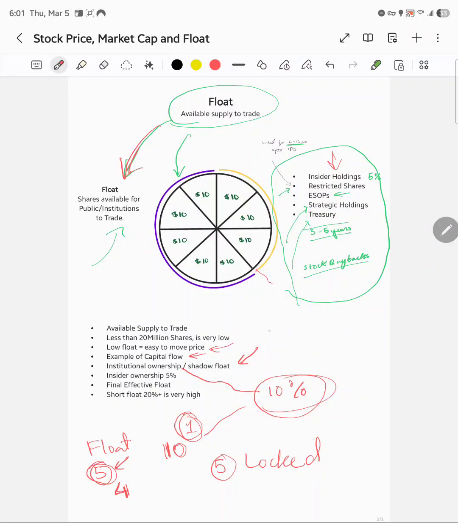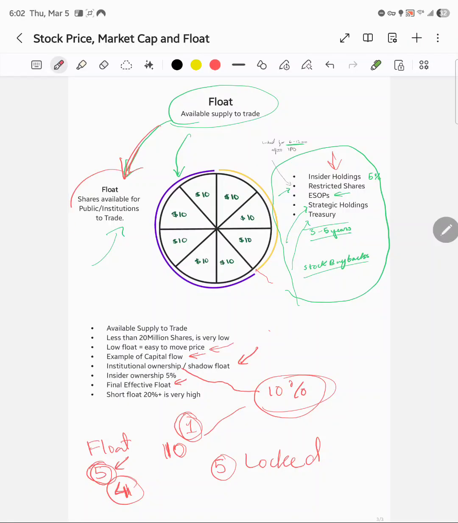The float, the active float or final effective float is really 4, because institutions don't really buy and sell emotionally. They don't panic. They buy and hold it for very, very long term, meaning when they buy it and keep it tucked away for years and years to come, that stock they just bought is out of the supply that is available to trade.